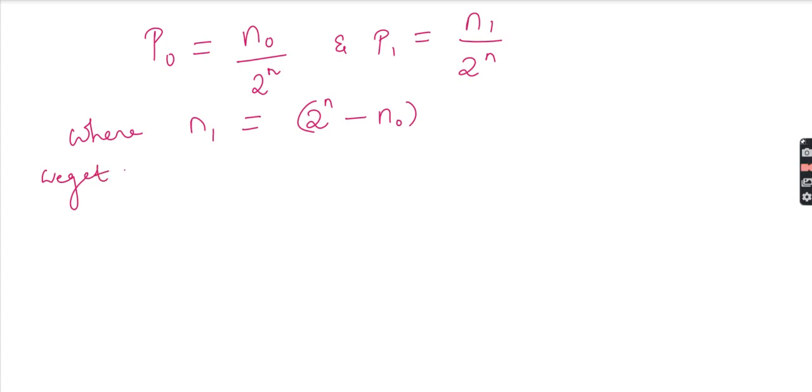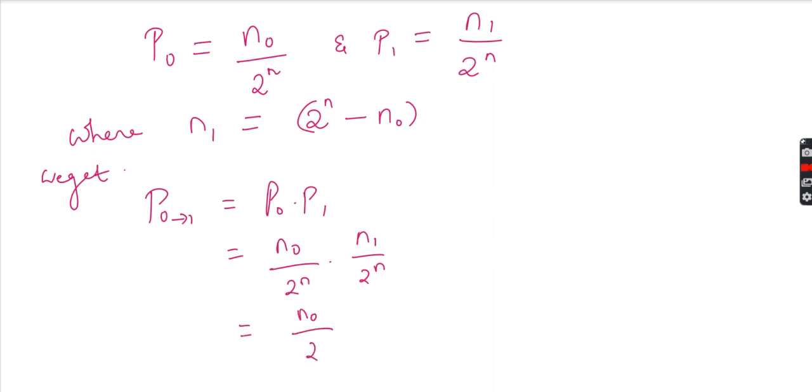To get the switching activity from 0 to 1, P 0 to 1 means the switching activity 0 to 1. That is nothing but P0 and P1, correct? P0 is n0 by 2 power n, multiplied by n1 by 2 power n. And n1 I can write as 2 to the power n minus n0, divided by 2 to the power n.